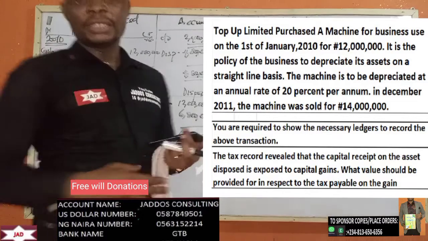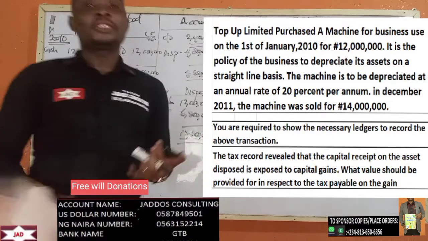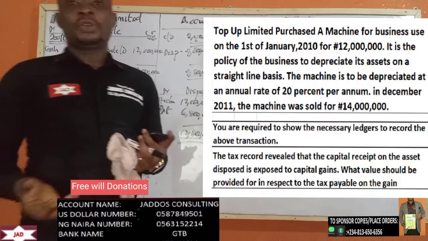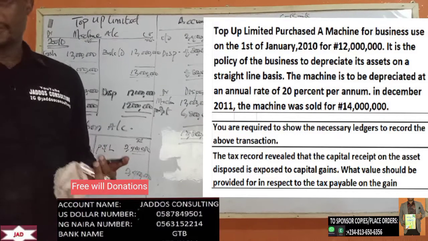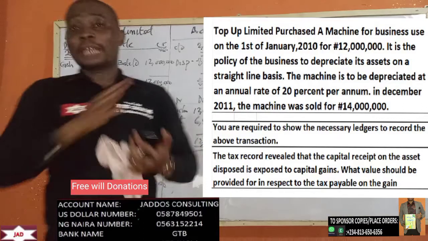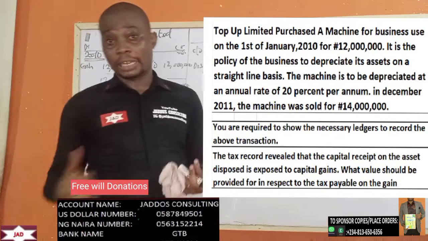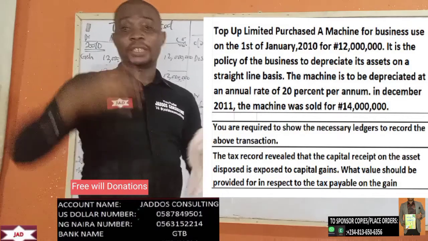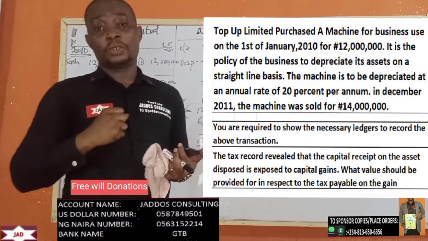I already explained that gains on disposal of assets, or gains on capital expenditures, are subjected to capital gains tax of 10%. Of course, while the tax man is not allowing depreciation, he is allowing capital allowance, where you use your initial allowance and your annual allowance to reduce the profit that is assessable for tax.